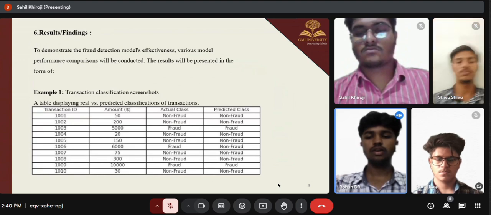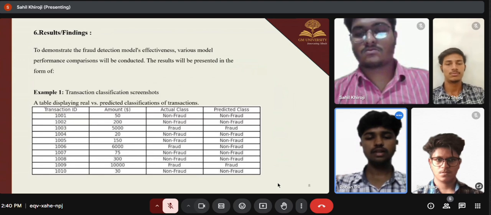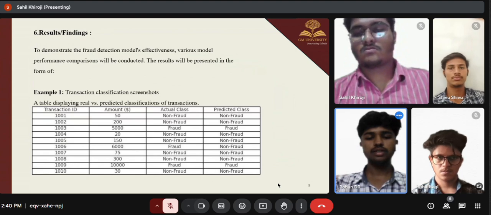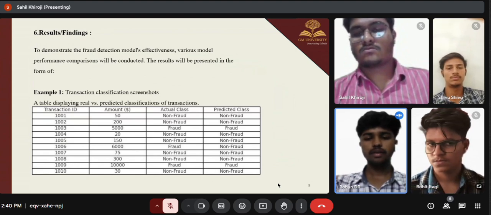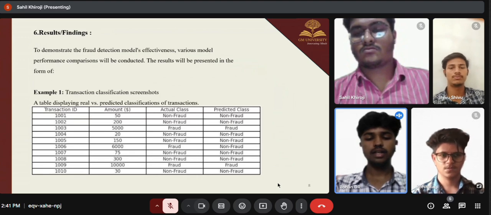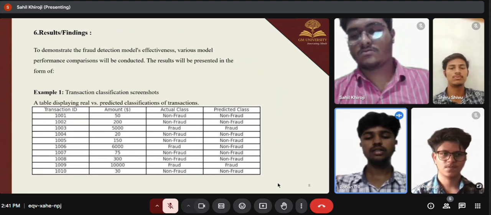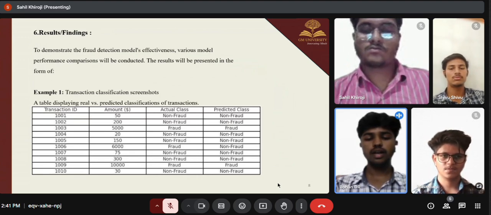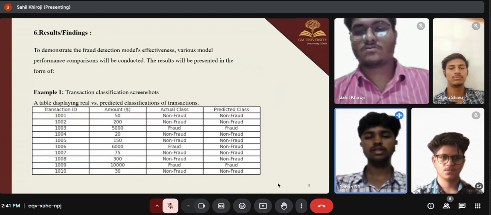The predicted class is non-fraud, and it is correct again. These patterns continue for 10 transactions. This model made 100% correct predictions for this small test set. It correctly identified all three fraud transaction IDs, that is IDs 1003, 1006, and 1009. It also correctly ignored all the non-fraud cases.